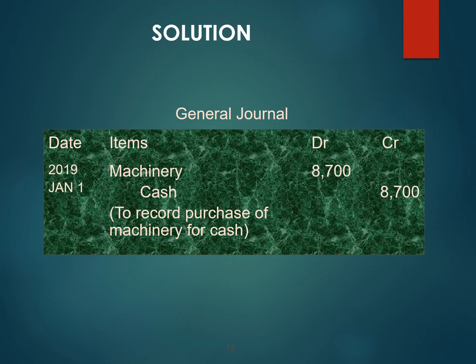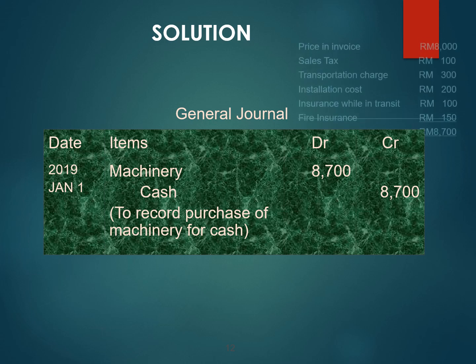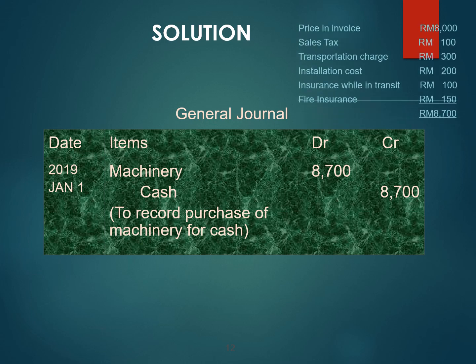Okay, remember the previous slide showed that we calculated the cost as 8,850. But why do we write 8,700 here? This is because we have to identify from the listed costs which is the revenue expenditure and which is the capital expenditure. Going through all the costs listed, we found that fire insurance of 150 is not a capital expenditure.